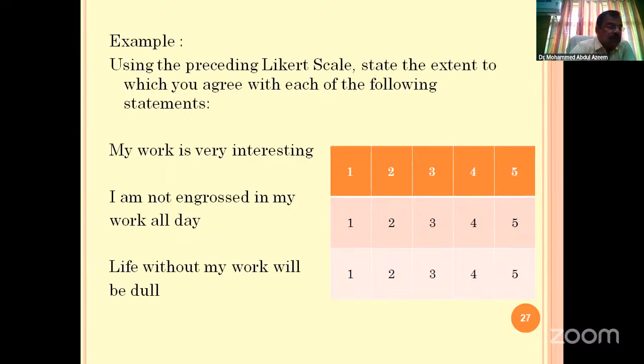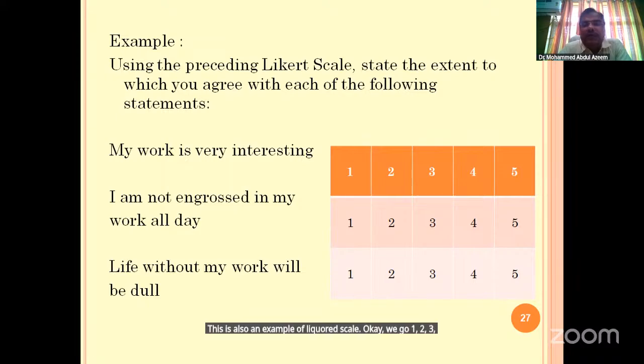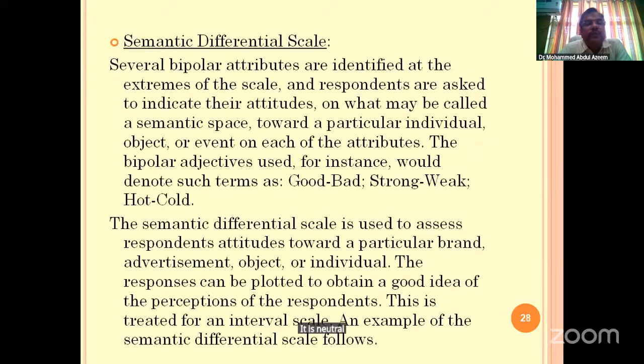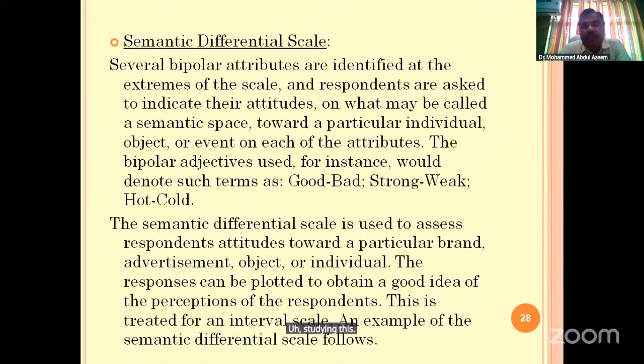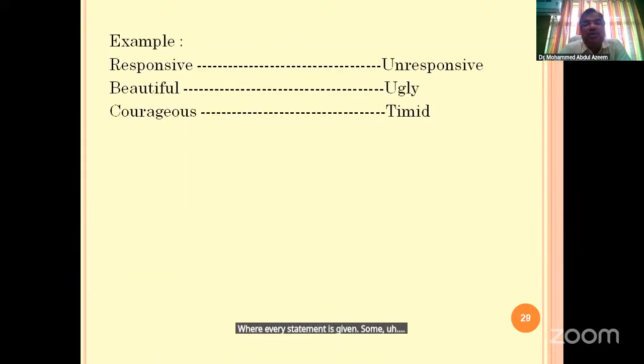Then this is also an example of Likert scale. Okay. We give 1, 2, 3, 4. In between, it is neutral. Okay. Then semantic differential scale is also one type of scale where several bipolar attributes are identified at the extremes of the scale. There is one process for studying this scale where every statement is given some values based upon its importance.